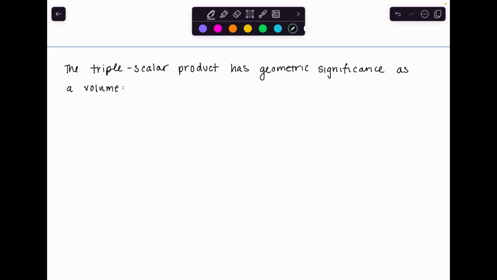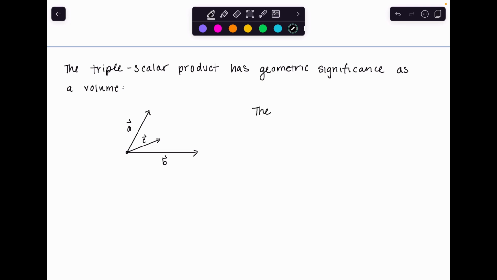So if I have 3 vectors, A, B, and C, and let's assume they all have that same initial point. Let's say A goes up in this direction, say B goes here, and let's say C goes backwards. So this is A, this is B, this is C. What we can actually create is something called a parallelepiped.